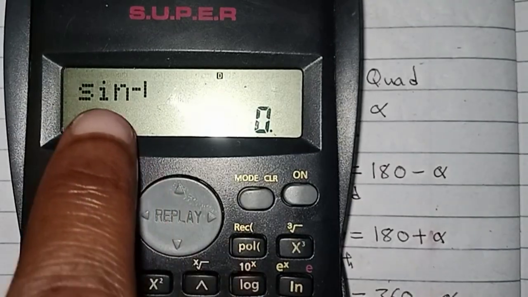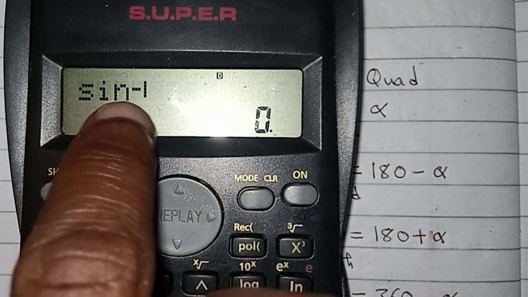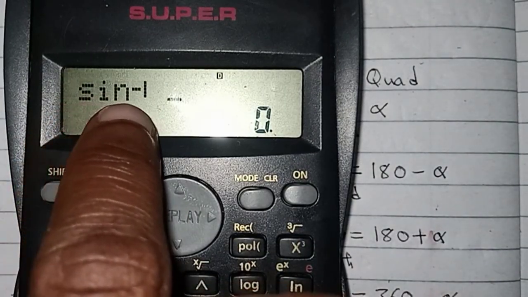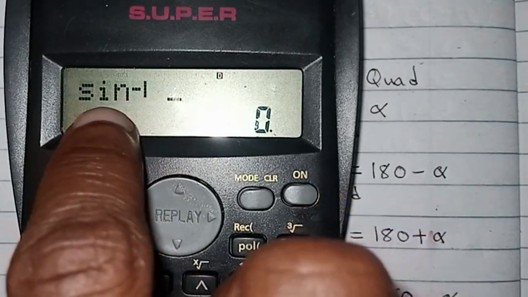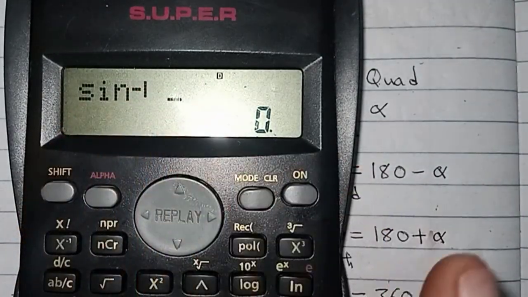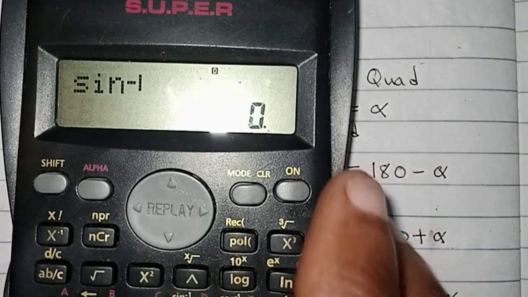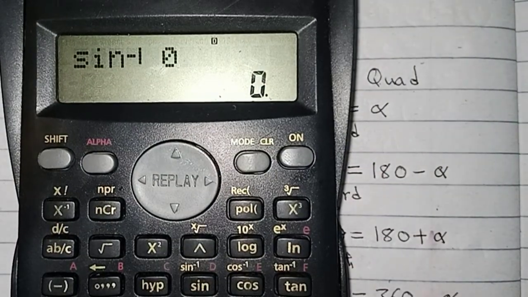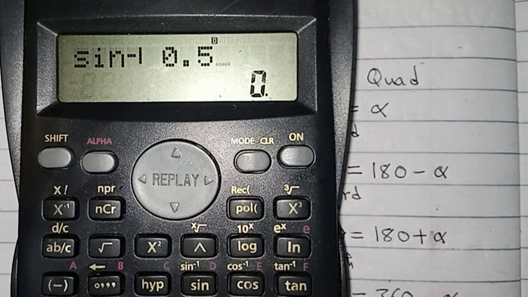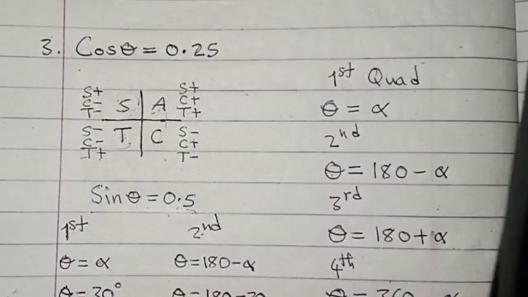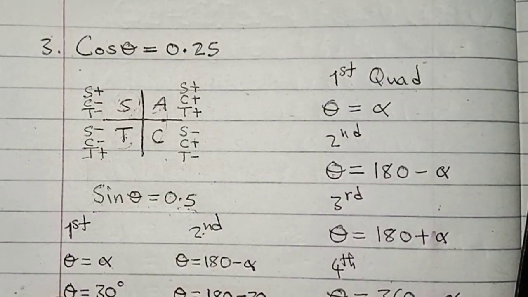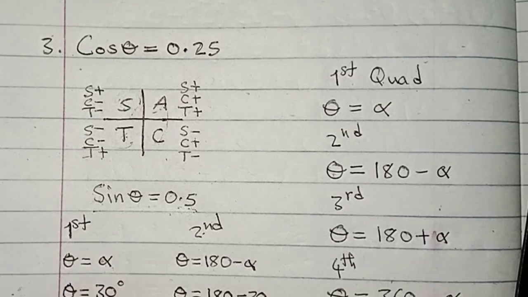When you do that, it should show the inverse of sine, with this negative one. So sine inverse, then let us write our number, 0.5. After writing that, equal to 30 degrees. So the value of theta is equal to 30 degrees, meaning our alpha is 30.